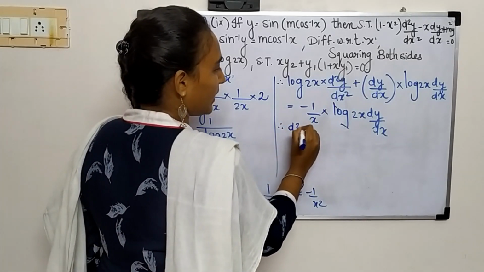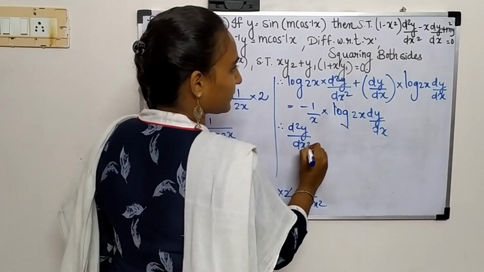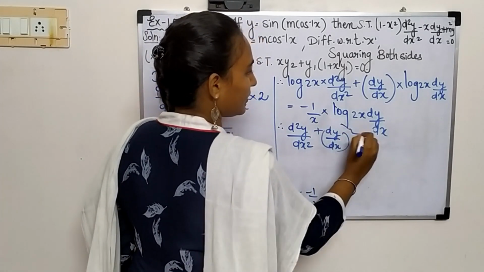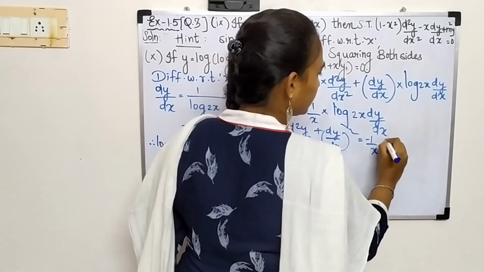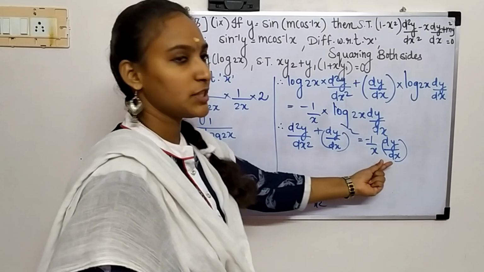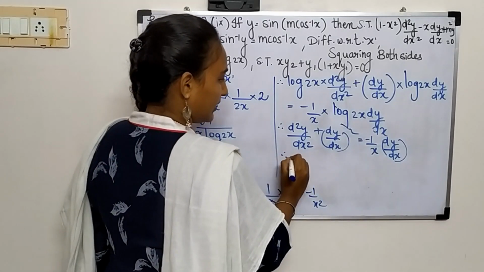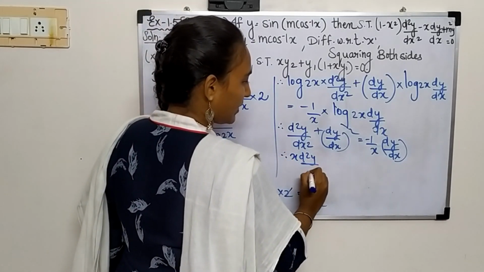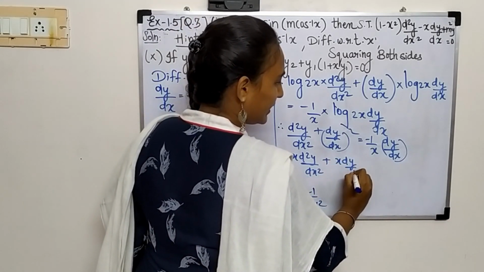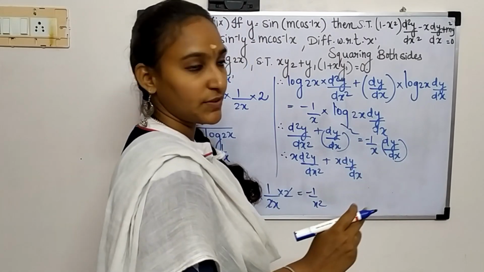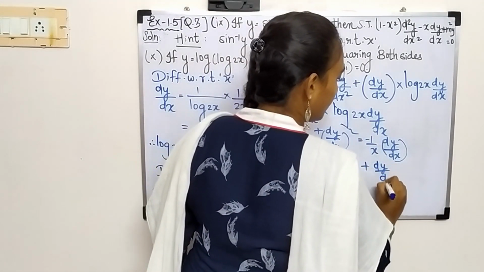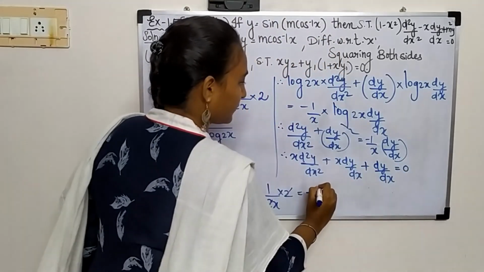We get d square y upon dx square plus dy by dx the whole square equal to minus 1 upon x dy by dx. Just cross multiply x first. Therefore we get x d square y upon dx square plus x dy by dx, and this minus dy by dx can be taken here, so it will become plus dy by dx is equal to 0.